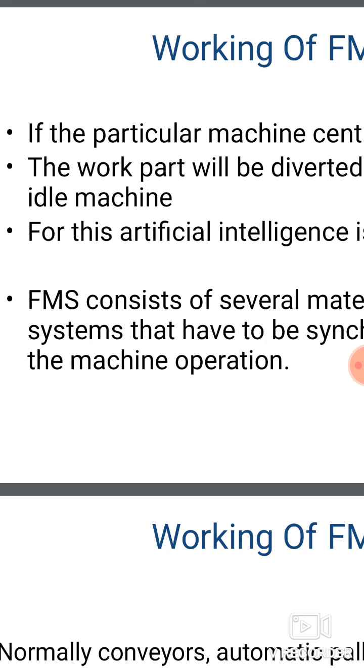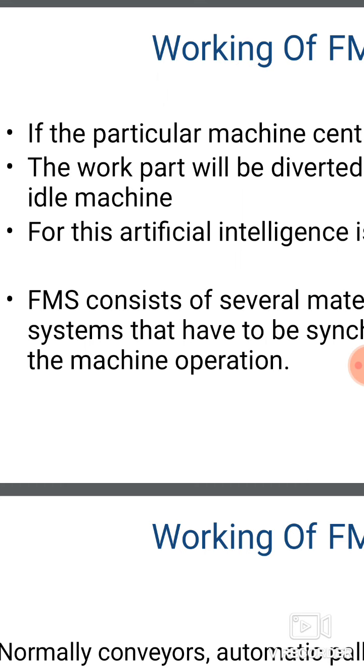Most FMS consist of three main systems: the work machines, which are connected by the material handling system to optimize part flow, and control components which control material movement and machine flow.